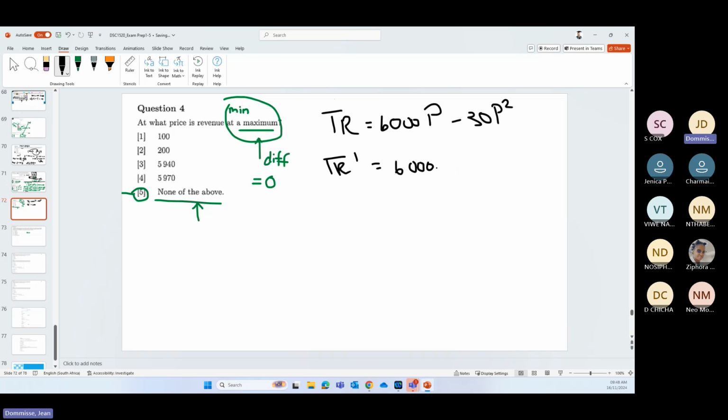That's awesome, because then that will become 60p is equal to that. Then minus 60p is minus 6,000. P is 100. Sit with option 1. Thank you.